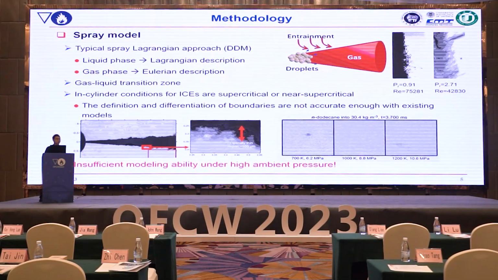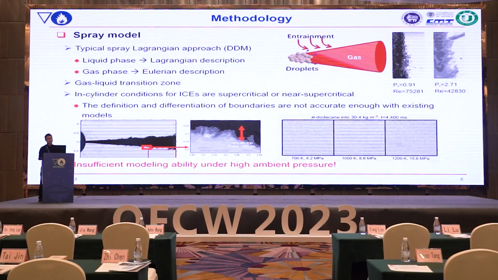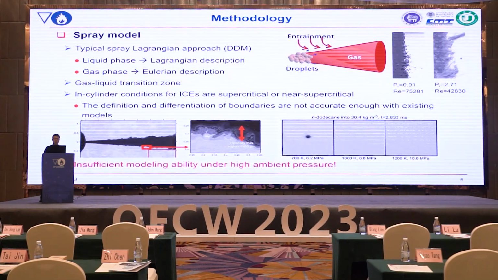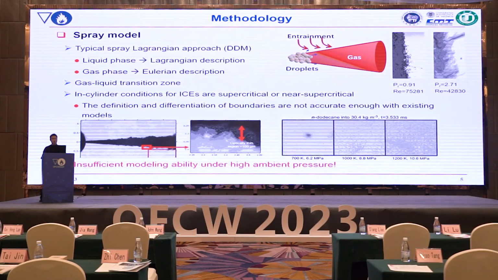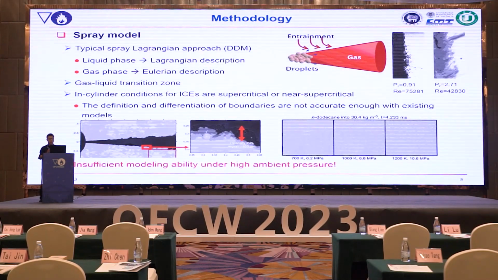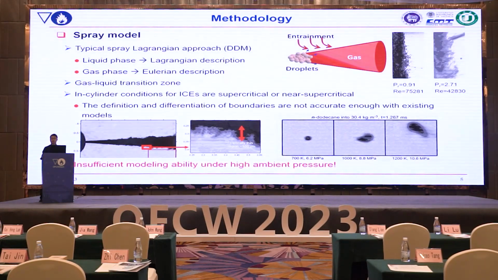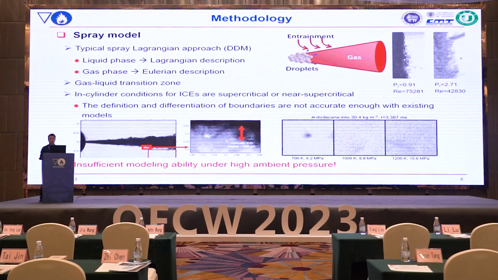But most results have shown that in-cylinder conditions for IC engines are supercritical or near supercritical. So we found the boundary between the different phases, like liquid to gas, is not very clear. The definition is difficult, and the boundaries are not accurate enough with the existing models.